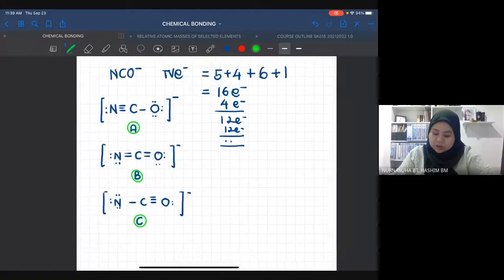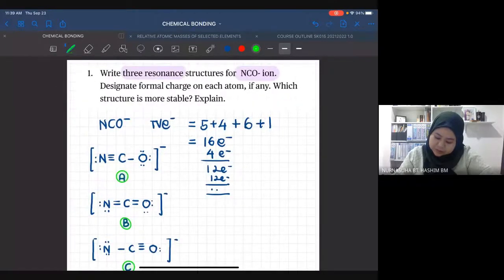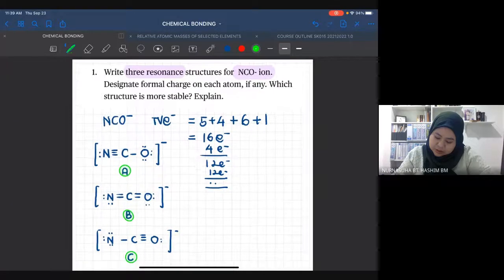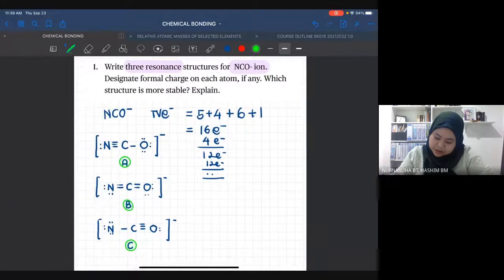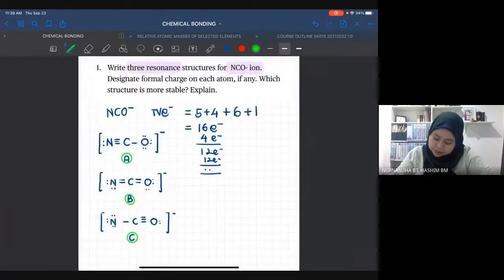Okay, now soalan kata write 3 resonance. Okay, sorry. So basically this is the resonance structure lah.